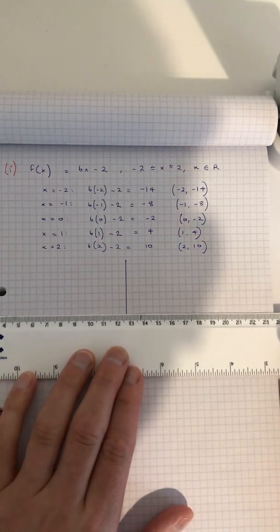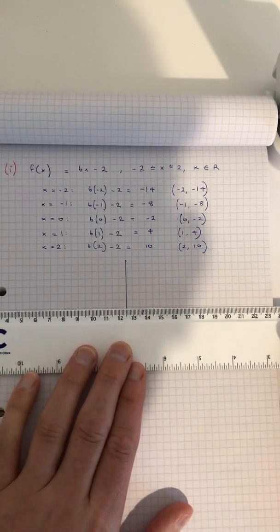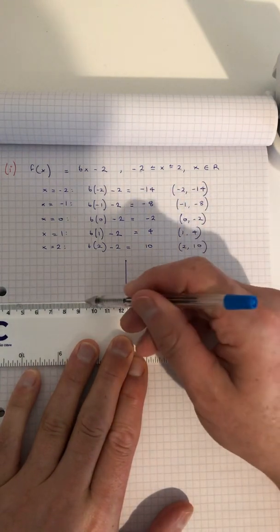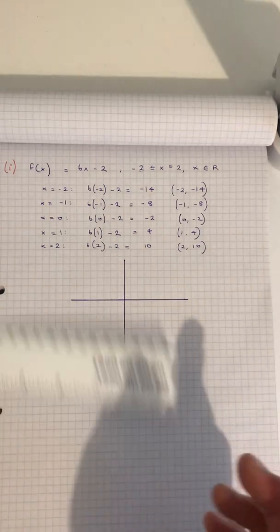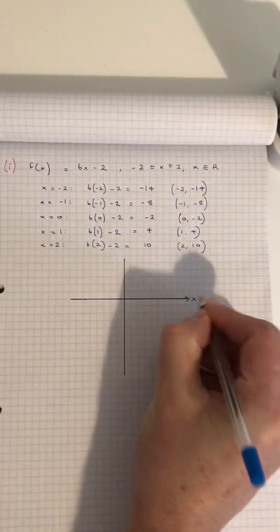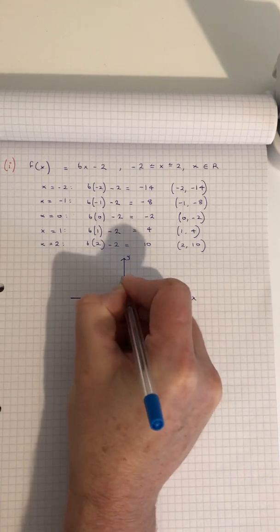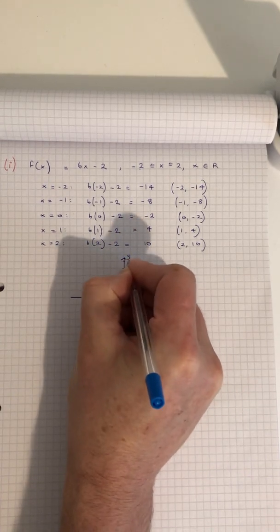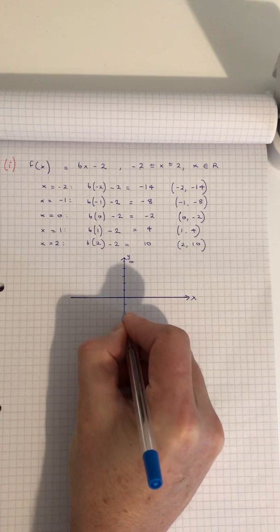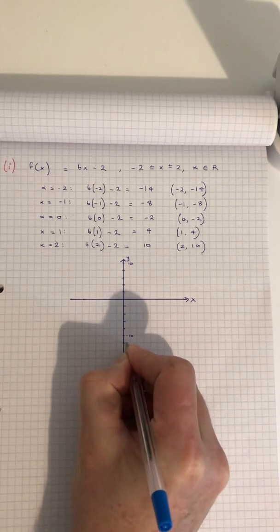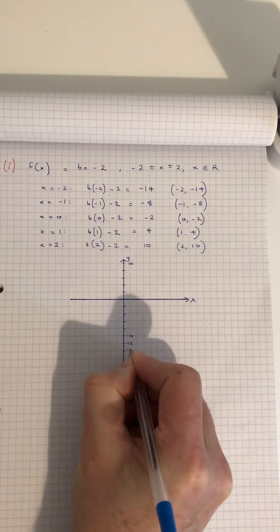So I'm going to go split it here somewhere. So something like this. X and y axis, x axis, y axis. I go up in 2, 4, 6, 8, 10. Minus 2, minus 4, minus 6, minus 8, minus 10, minus 12, minus 14.